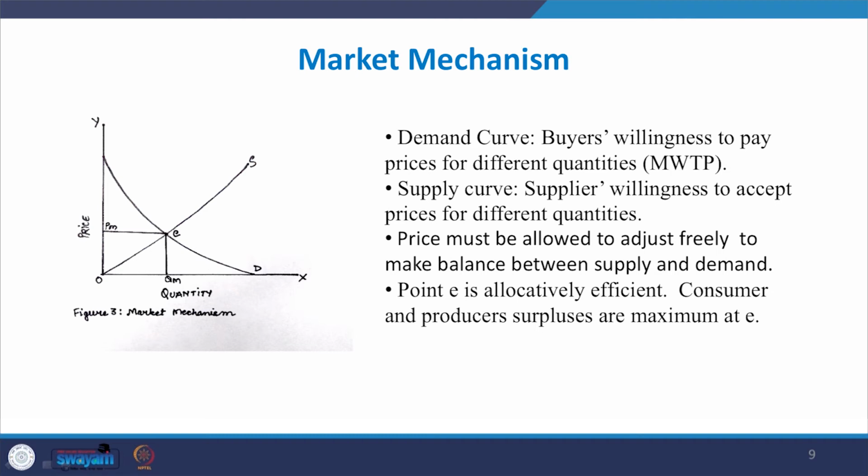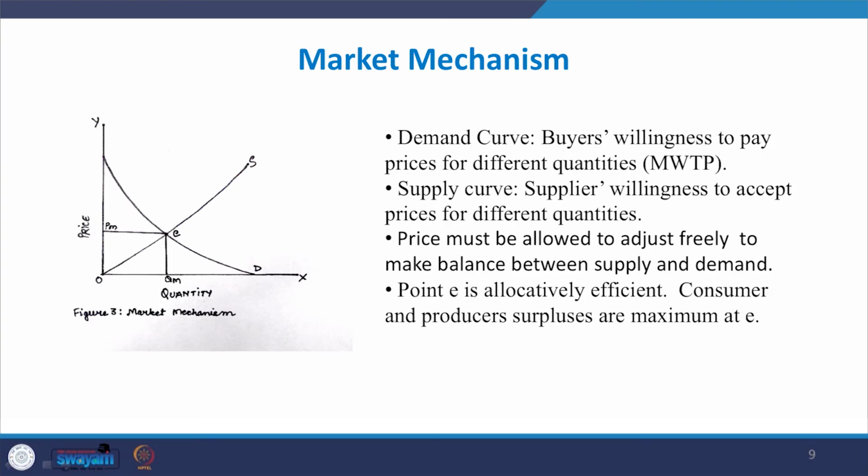Now, why is it called the Pareto optimal or efficient point? Because if you deviate from E point, then the consumer surplus will decline, and the producer surplus will also decline. So, this is the point where the consumer surplus as well as the producer surplus are maximized.